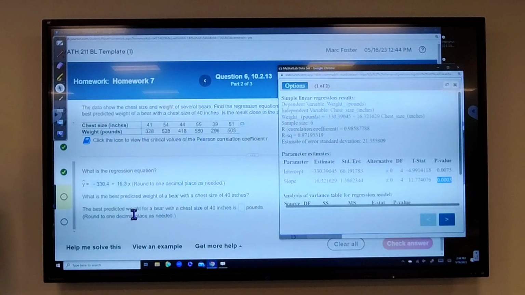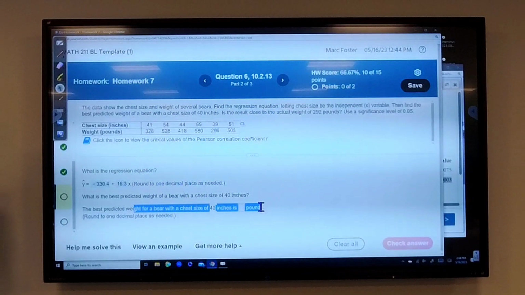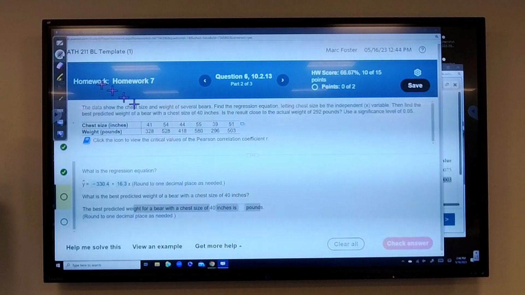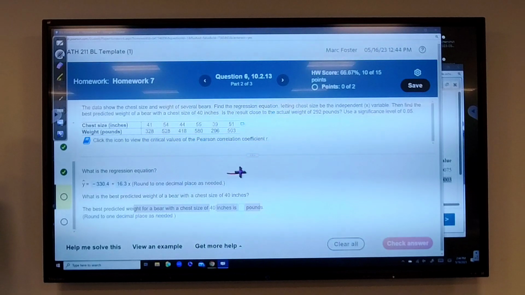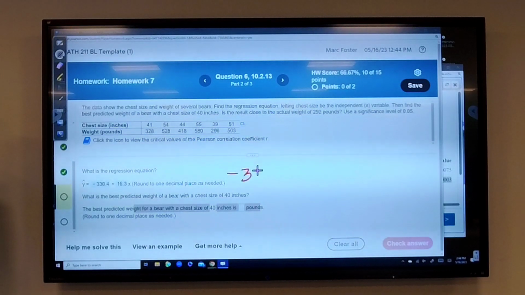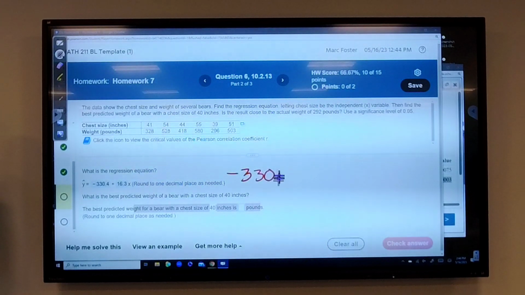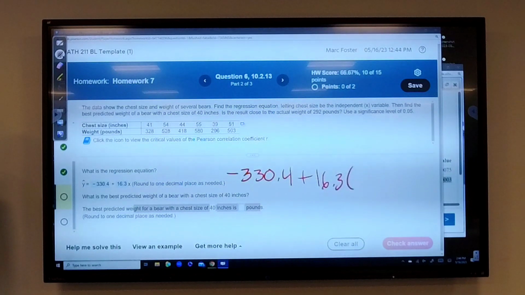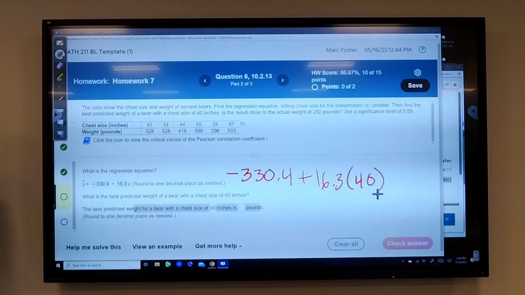And they want to know the weight of a bear whose chest size is 40 inches. So I'm going to compute minus 330.4 plus 16.3 times 40.